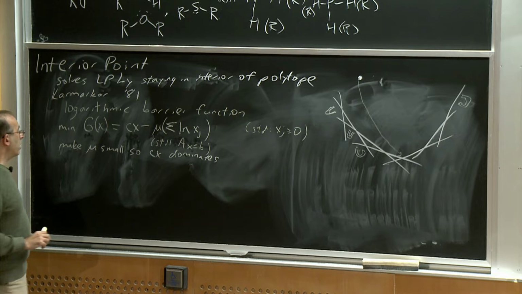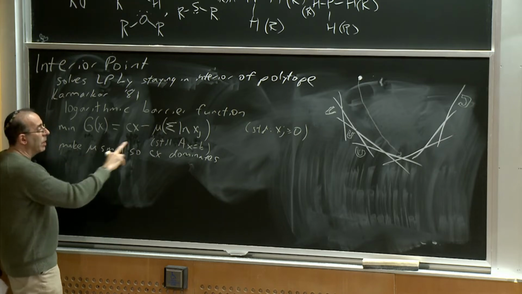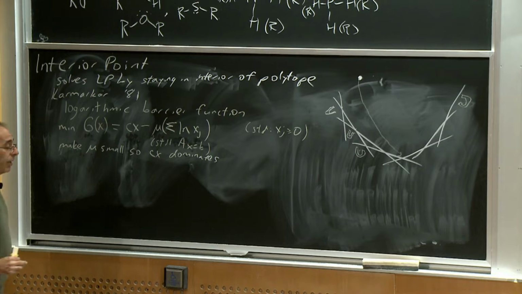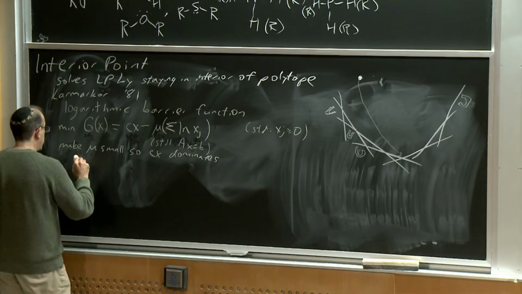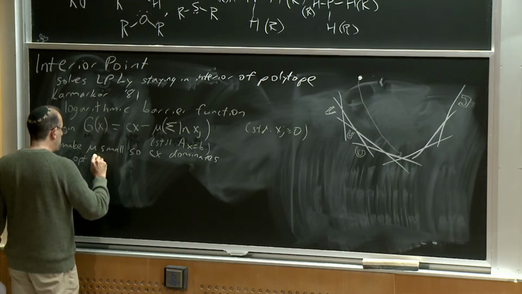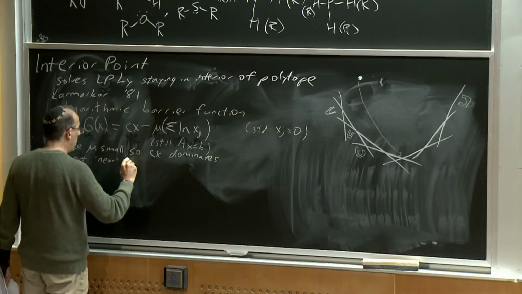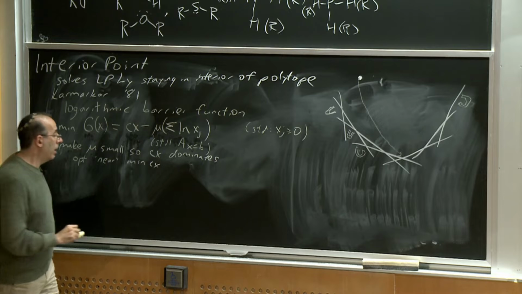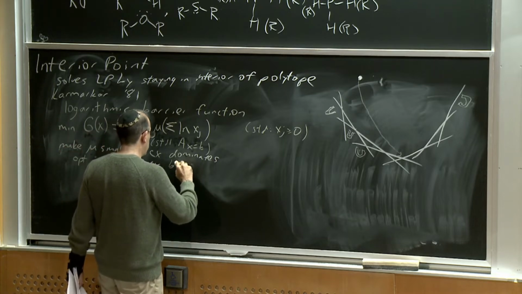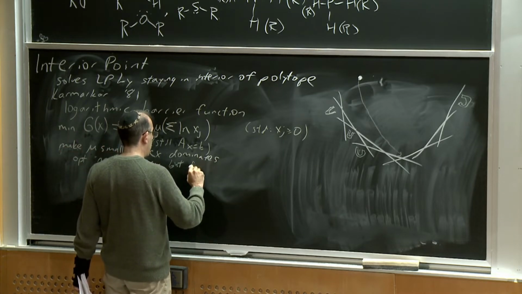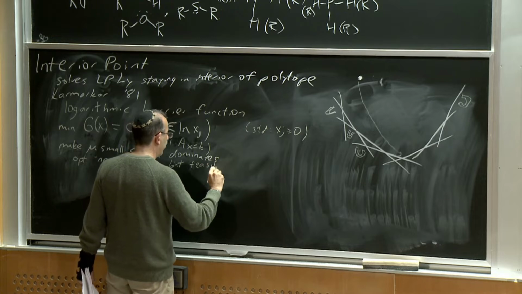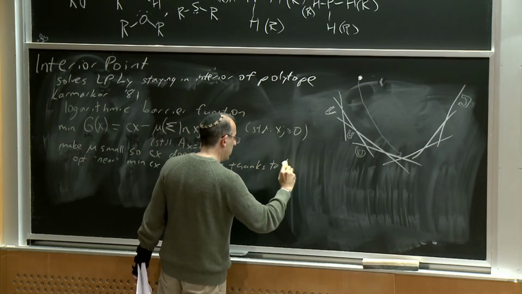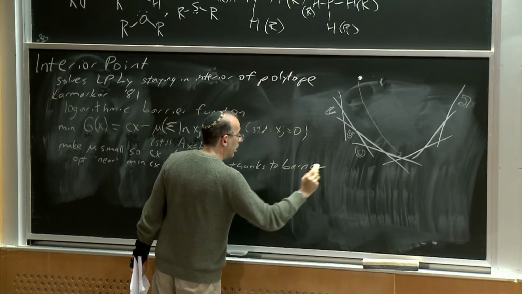But since mu is not 0, you do have this second term, and you avoid ever crossing the constraints. The effect is that the optimum is near the actual minimum of Cx, but is also feasible, thanks to the barrier.